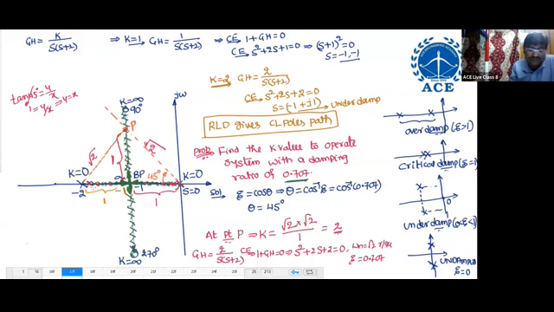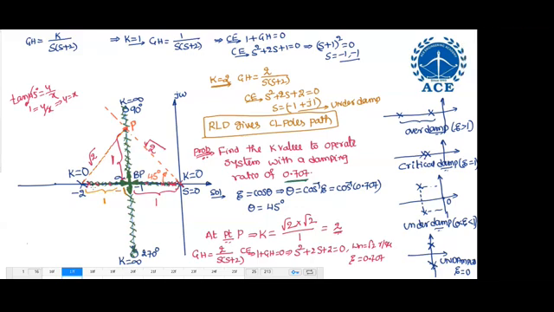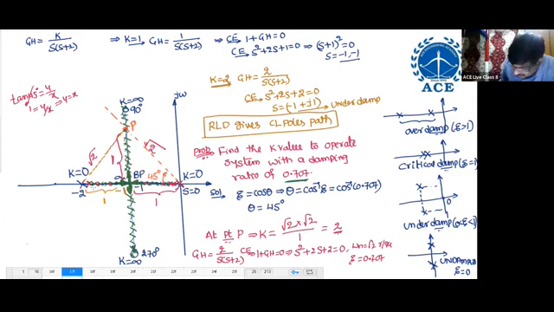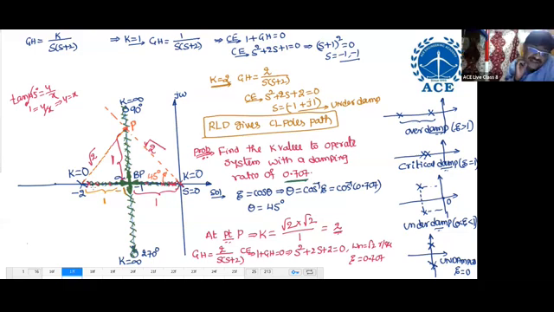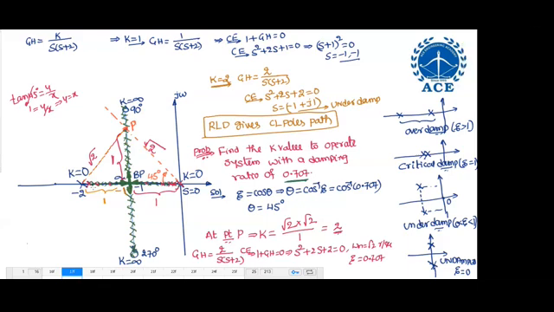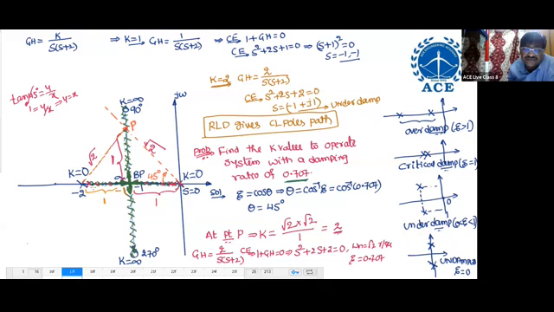Sir, do the zero and pole locations depend on the value of k? Zeros are fixed initially, at k equal to infinity. Pole positions depend on k.